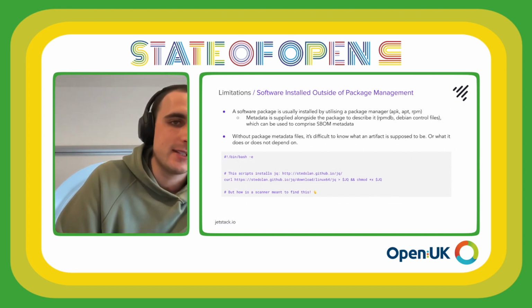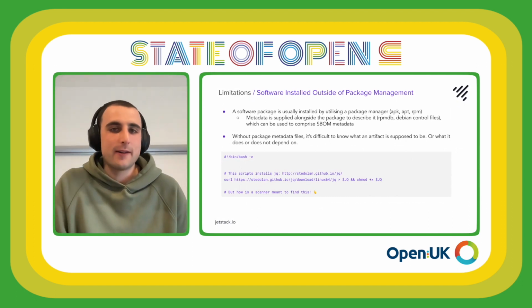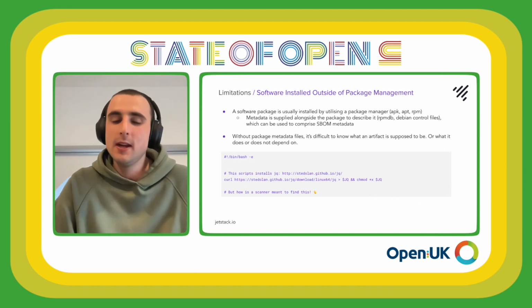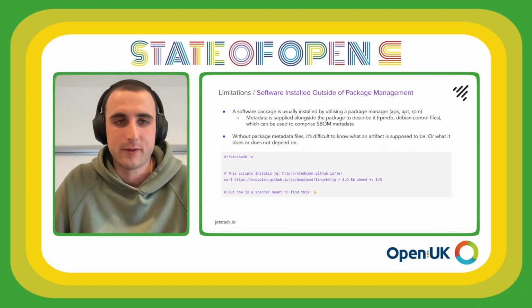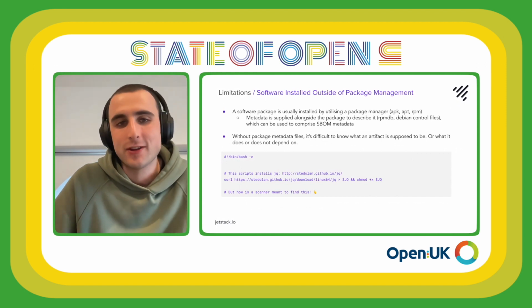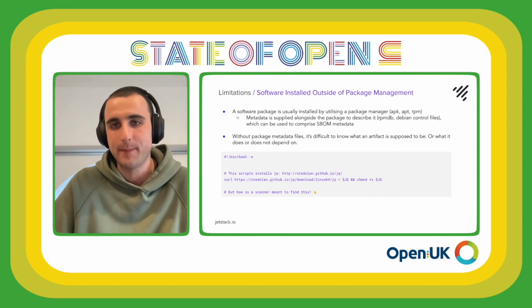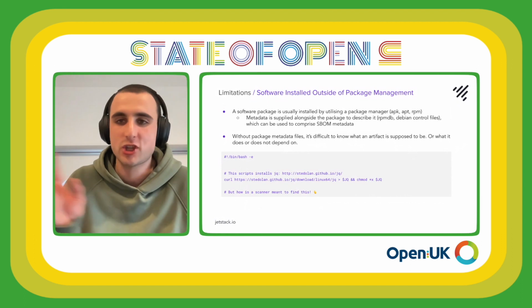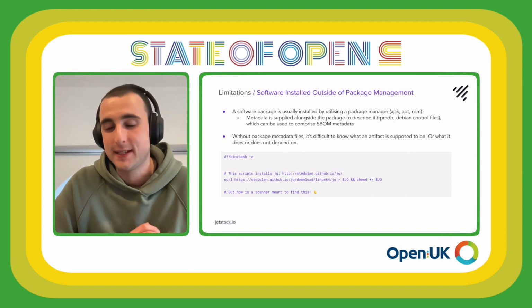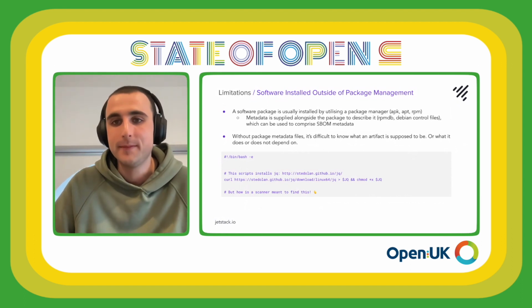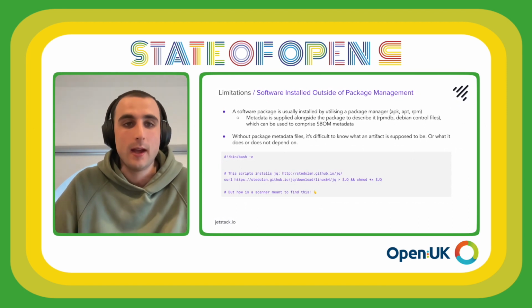So another limitation here is when software is installed outside of package management. This is again along the discovery line of things. A software package is usually installed by utilizing a package manager. So that is, as I mentioned earlier, the likes of apt, RPM, DNF, Yum, and APK.